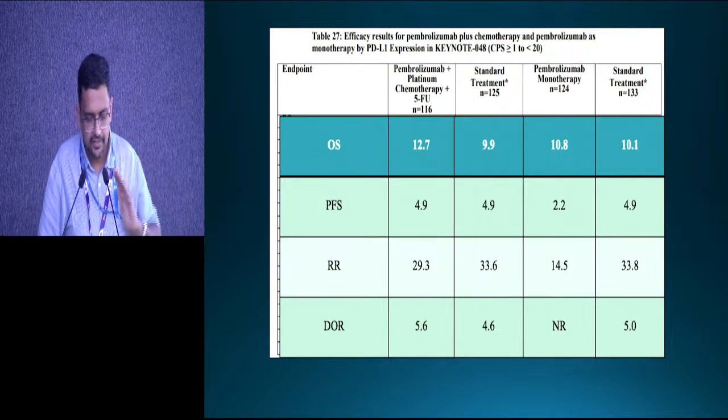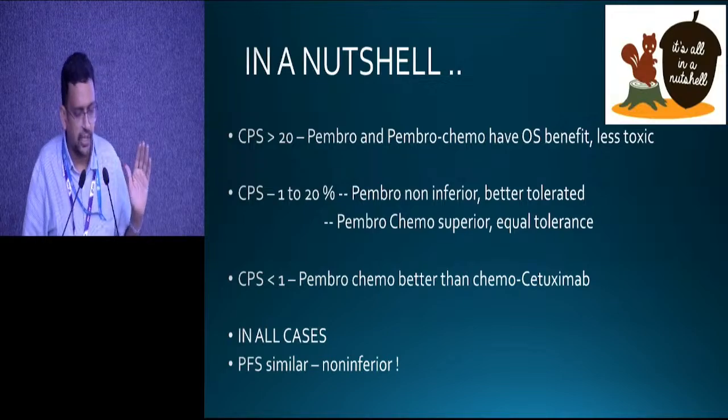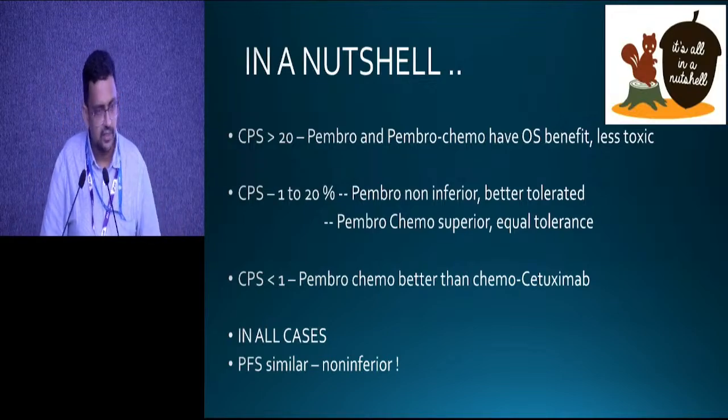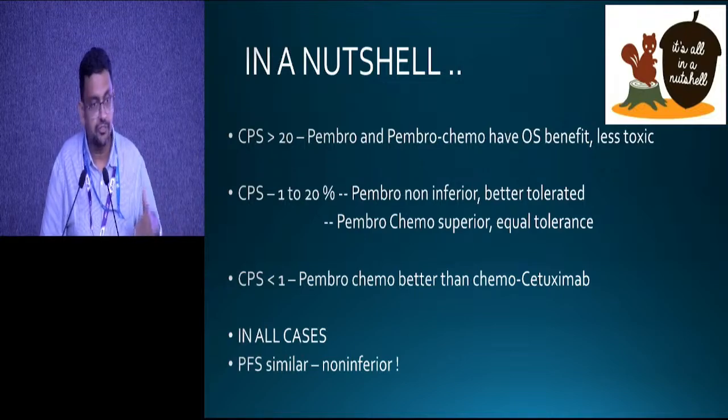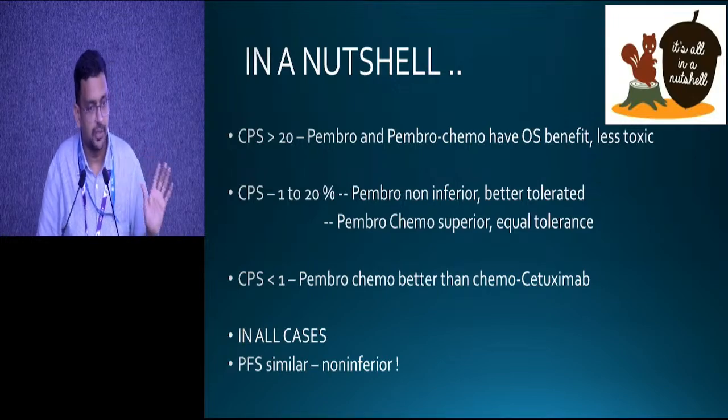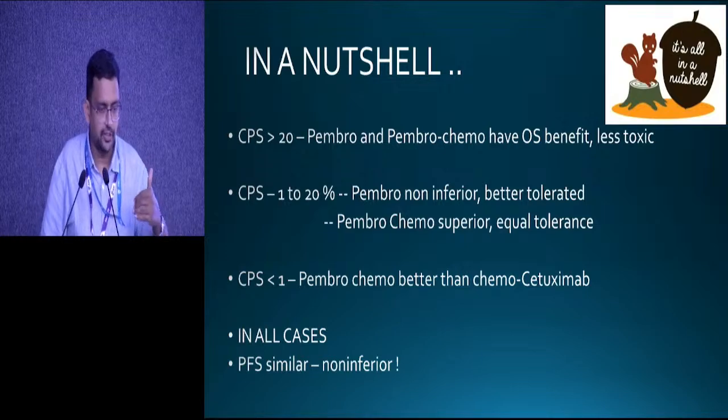PFS, frankly, is the same everywhere except for the Pembro mono, which is quite low. So, in a nutshell, if you have a CPS more than 20, both Pembro and Pembro chemo do well. Obviously, the Pembro will have less toxicity. However, in both these cases, your PFS is not different. It's similar, or in fact, even in some cases inferior, like I showed you.